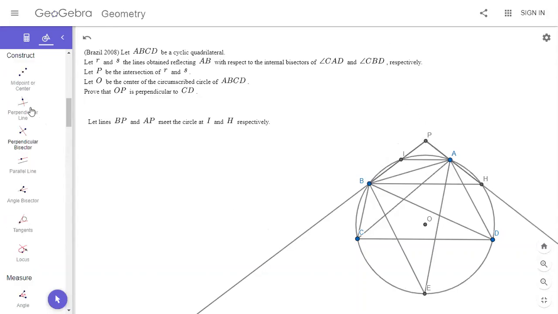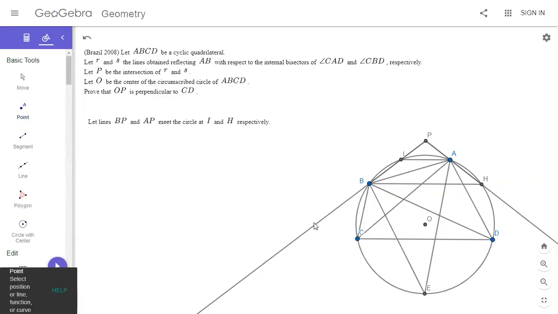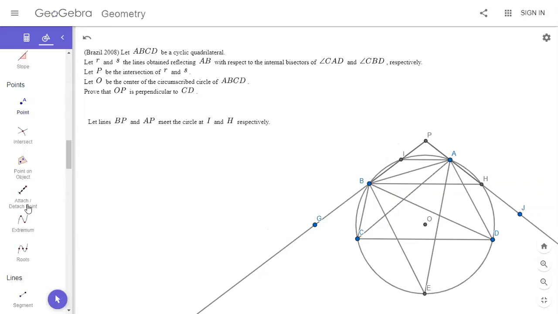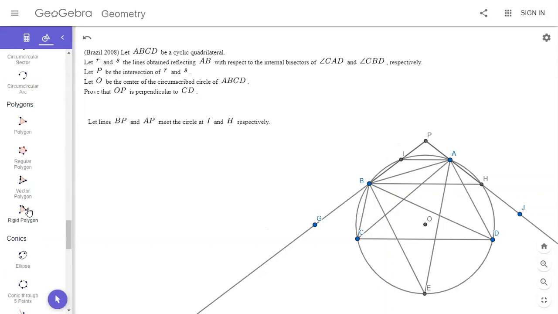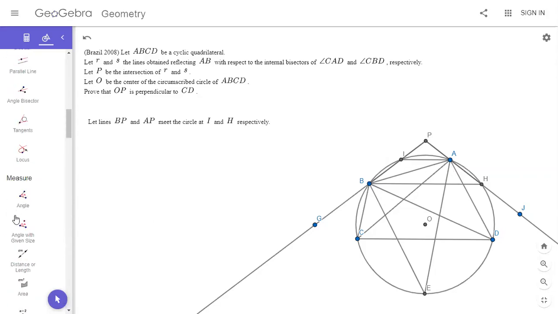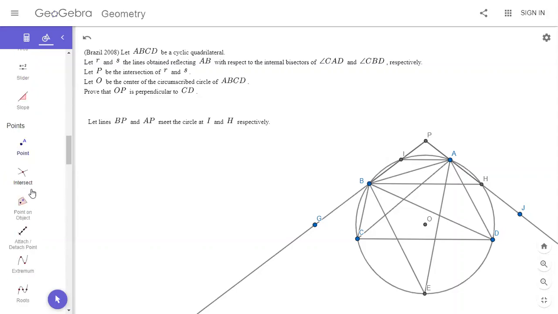So I'm just going to pick, just for reference, I'm going to call this G and J. So my claim, I forgot what I did. I had it in my head, but I forgot.